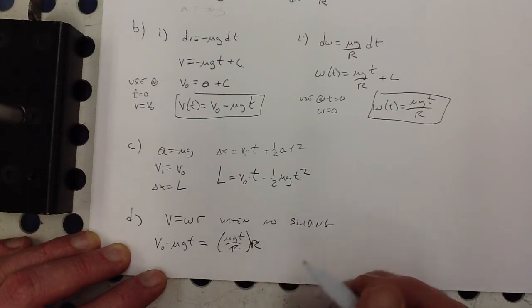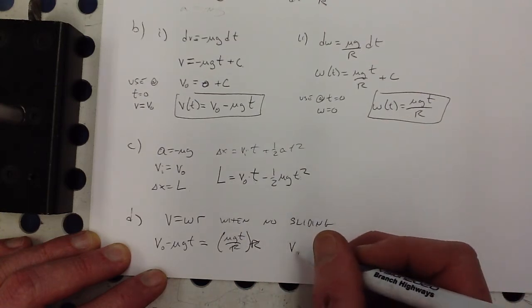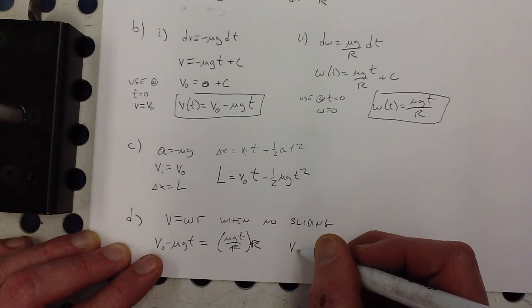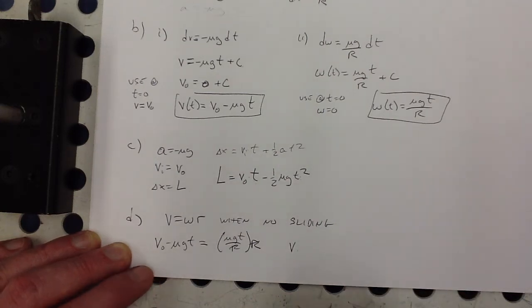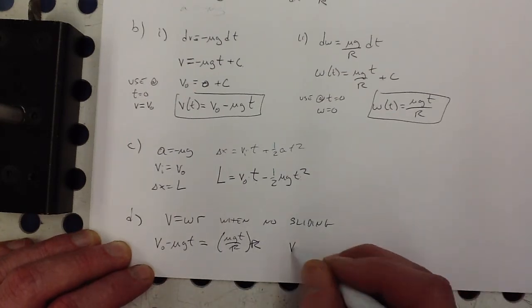The r's cancel out, and I get... what am I solving for here? Hold on a second. Oh, maybe this is what I'm supposed to do with my... Oh, I think we just figured out how to get the time.